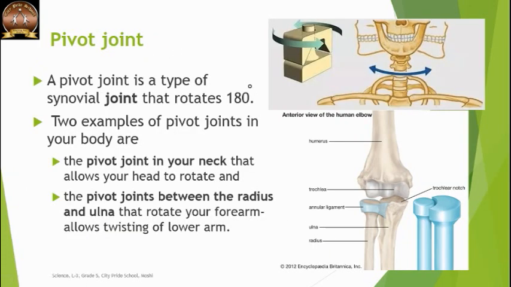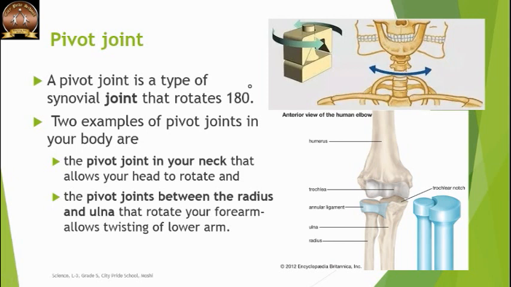The pivot joint is a type of synovial joint that allows rotation up to 180 degrees, that is, movement from side to side. This type of movement can be seen at the neck. Two examples of pivot joints in your body are the pivot joint in your neck, which is formed between the first and the second vertebrae of the vertebral column.